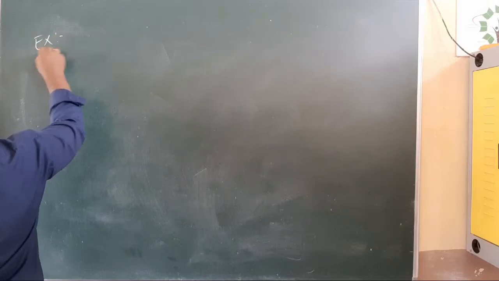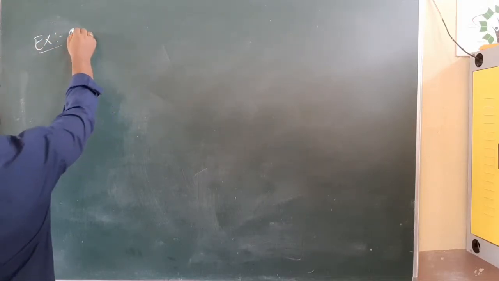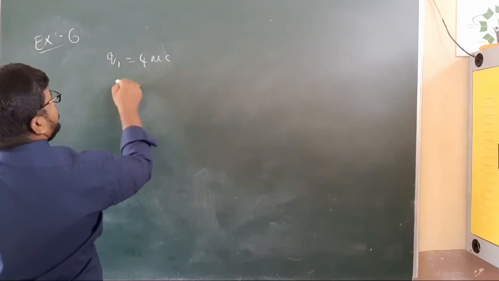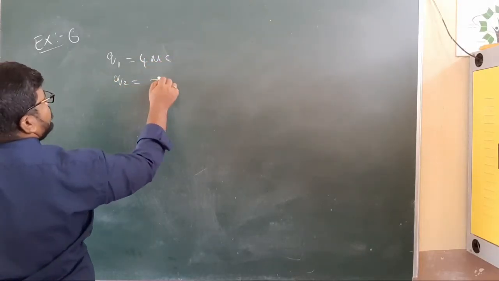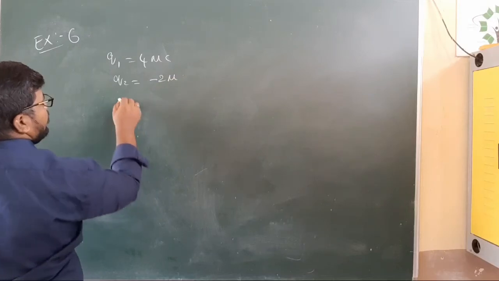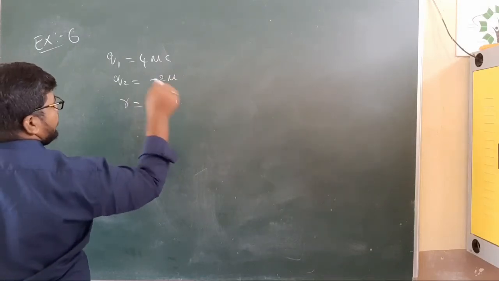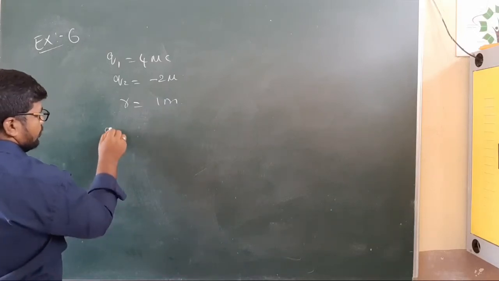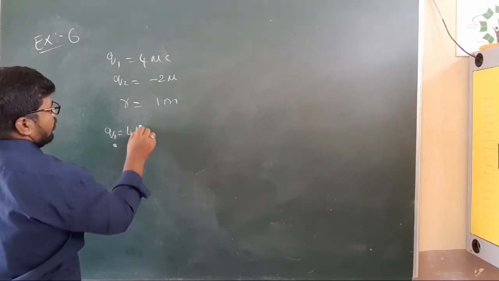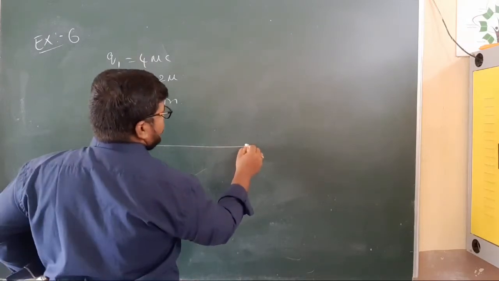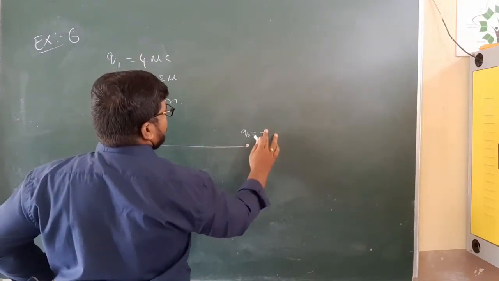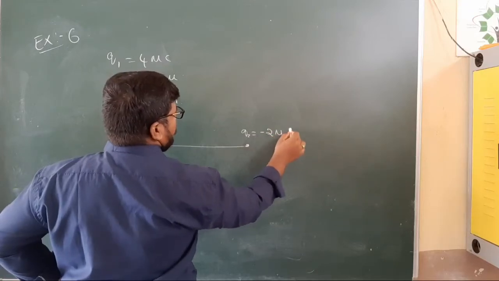So the charges are, in example 6, Q1 is equal to 4 microcoulomb, Q2 is equal to minus 2 microcoulomb, which are separated by 1 meter in air. See here, this is Q1, 4 microcoulomb, and this is Q2, minus 2 microcoulomb.